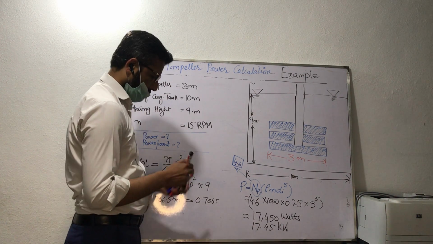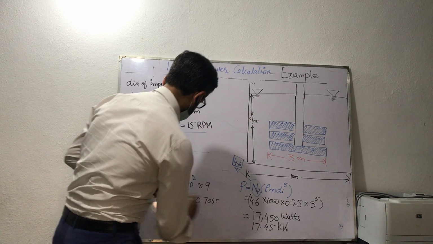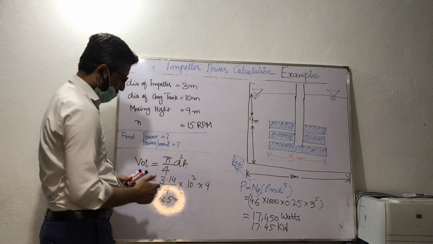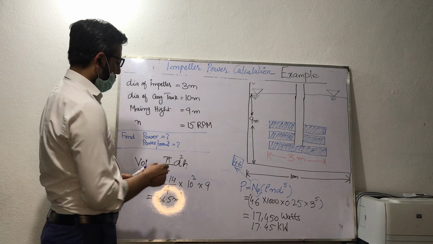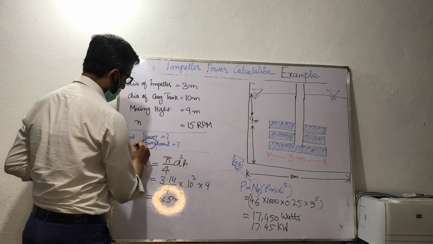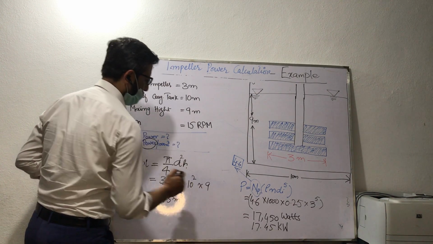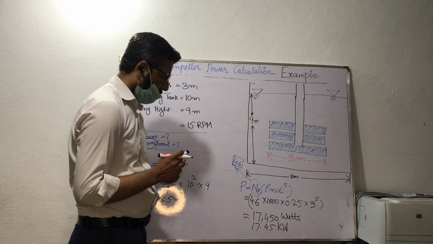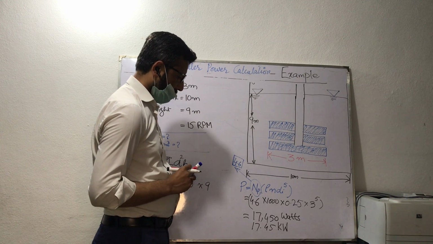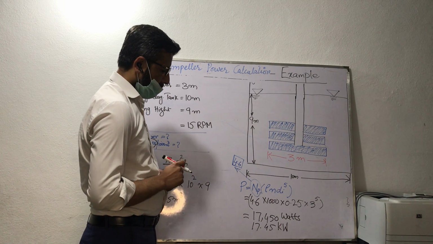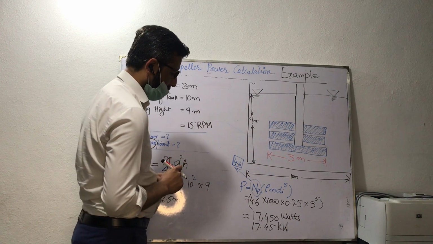We can calculate it later on as well if we stick to the original value of 706.5. And now we have to calculate the power, which has already been calculated as 17.45 kilowatt. This is the value which is required in this formula.